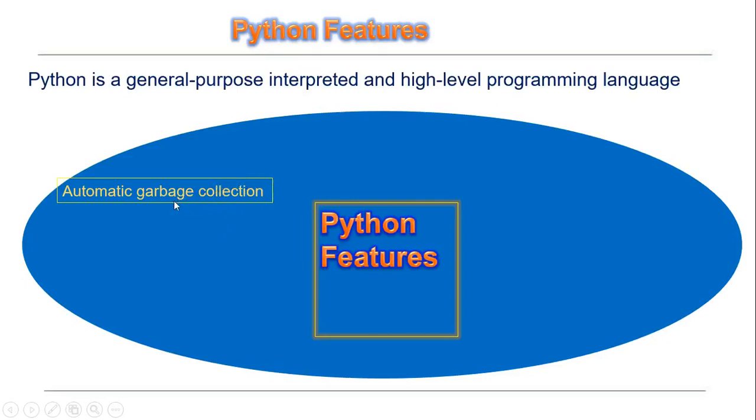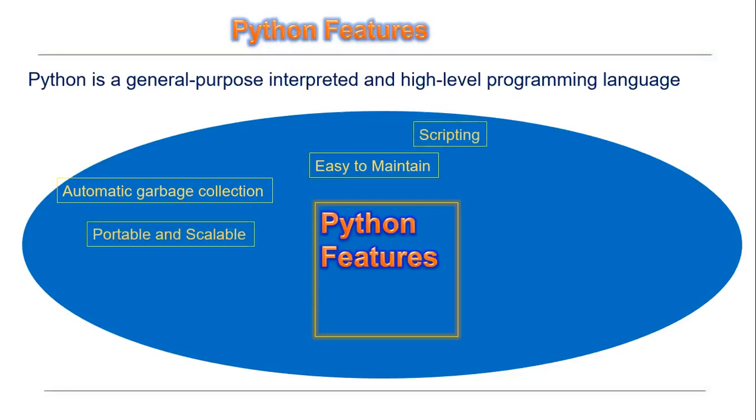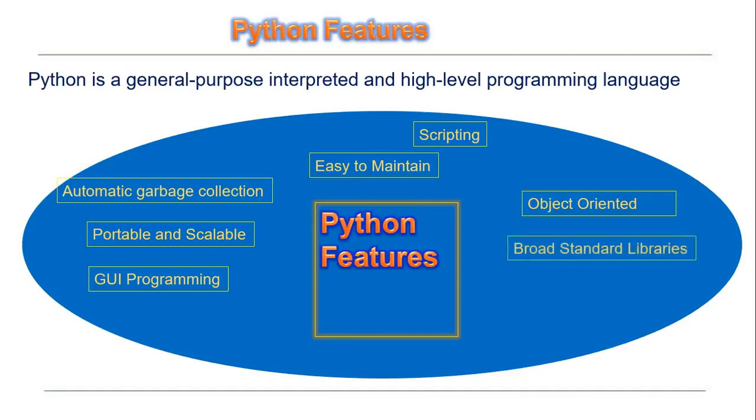The garbage collector is doing that automatically. It is easy to maintain the code, because it is simple in structure. It is a scripting based language, so it is portable and scalable, object oriented, and using this we can develop graphical user interface applications also.